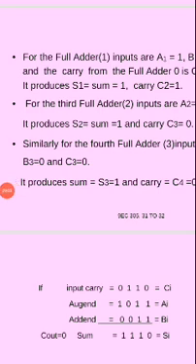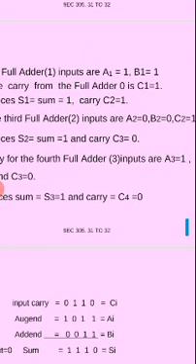It produces sum S3 equal to 1 and carry C4 equal to 0.